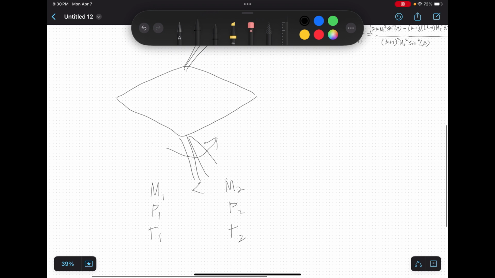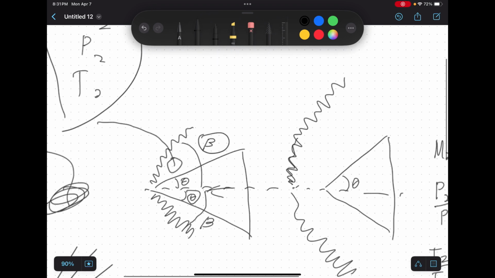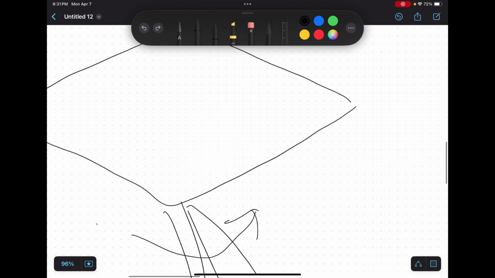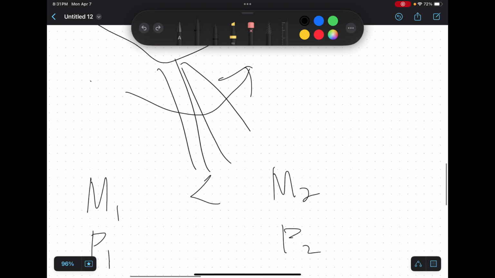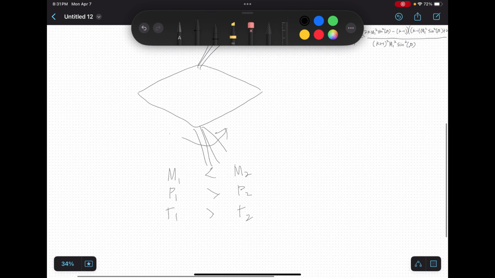So Mach 1 is less than Mach 2. So it's the opposite of an oblique shock, because in an oblique shock it would slow down as it passes through. But for an expansion fan, it speeds up as it passes through. And that means that the pressure and the temperature are the opposite. Cool.